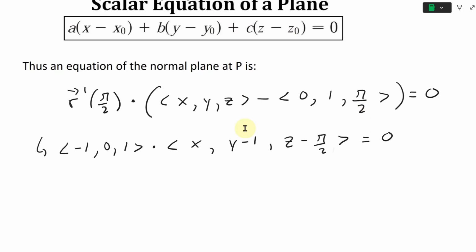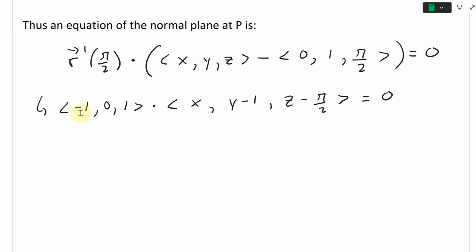And now multiply these inside. So -1 times x. Again, dot product, you just multiply each one and add them all up to get a scalar. So -1 times x is negative x. And then 0 times y minus 1 is just 0, so plus 0. And the next one is 1 times z minus pi over 2, equals 0.